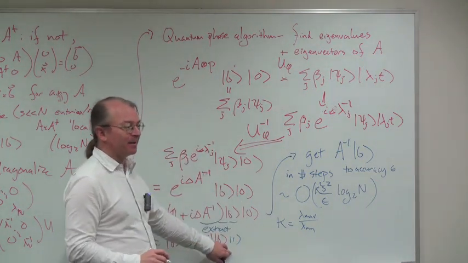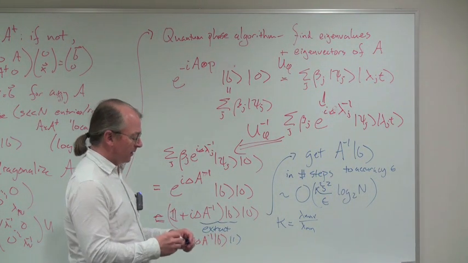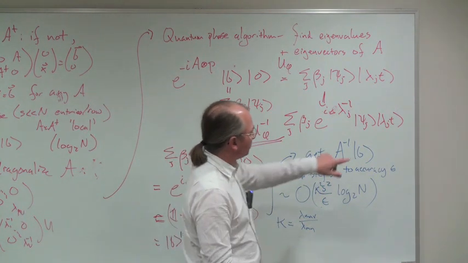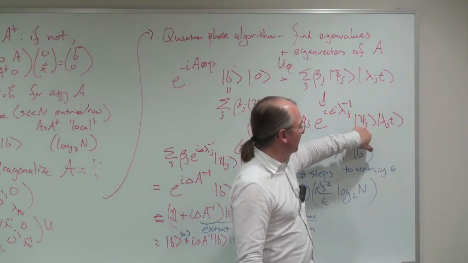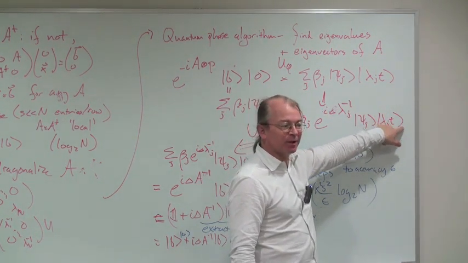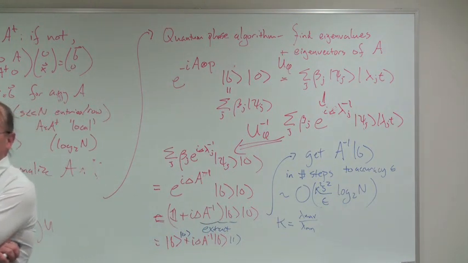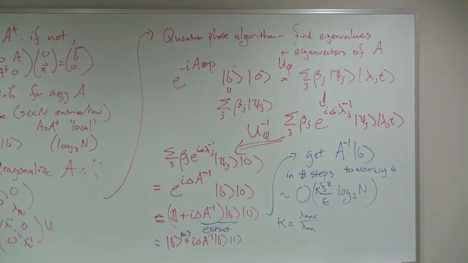So you end up with another register that says, hey, did we get the answer or not? So we figured we could invert 8 by 8 matrices where 3 qubits here, 3 qubits there, plus 1 extra qubit. So with 7 qubits, you could invert an 8 by 8 matrix, and inverting 8 by 8 matrices is something I don't like to do by hand. So we figured that was pretty good.